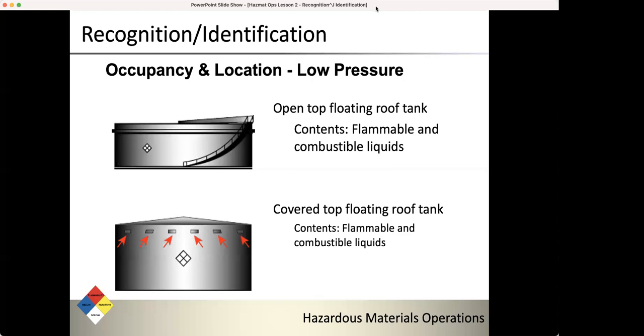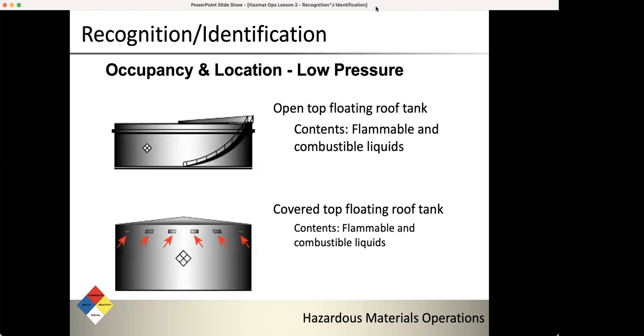There's also a covered top floating roof tank, or a covered floating roof tank. It's a cone roof, just like the cone roof tank, except it has these vents along the top, which the arrows are pointing to. So it's got an internal floating roof. It's a combination of the open top floating roof tank and the cone roof tank put together.